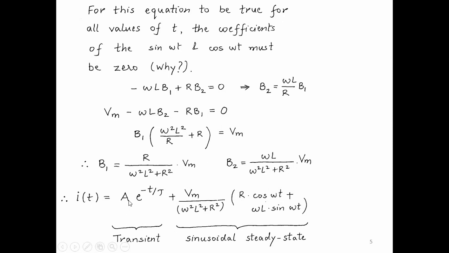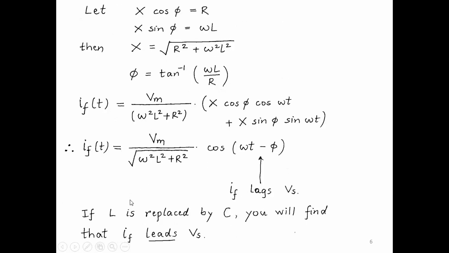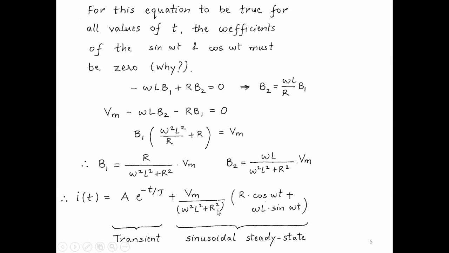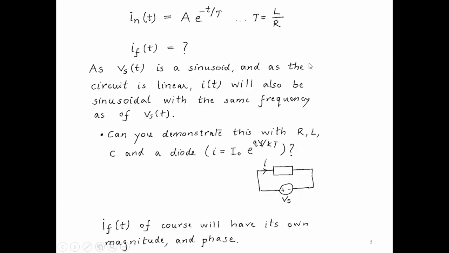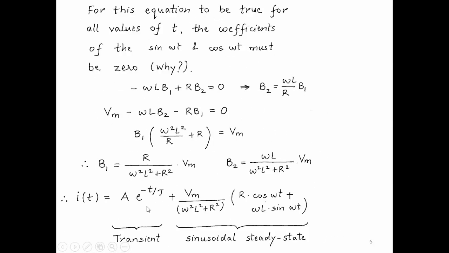Now, this is a very, very important equation. What this is telling us is that when we close the switch of that circuit, let's go back to that circuit, when we close this switch at t equal to 0, the currents and voltages in this circuit will be a sum of two types of functions.